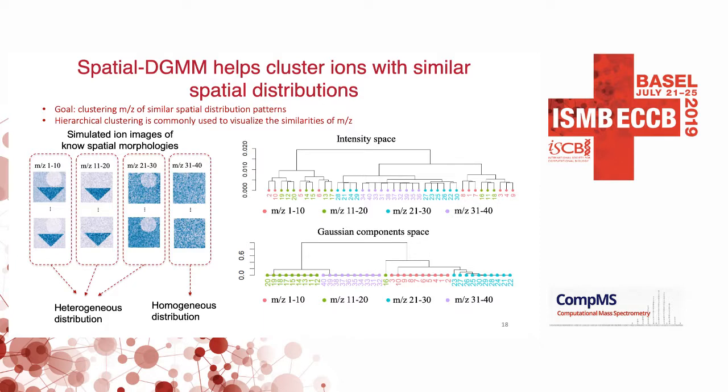If we do hierarchical clustering on the intensity space, we can see from the clustering result that m/z values clustered in one cluster are actually not always from the same spatial distribution pattern. However, if we do hierarchical clustering on the Gaussian component space, we can see it's very close to the ground truth, the simulation data here.